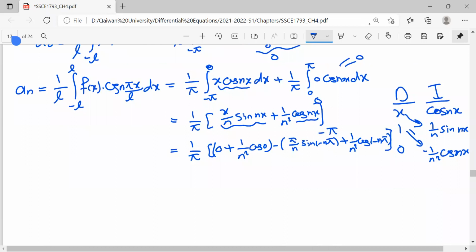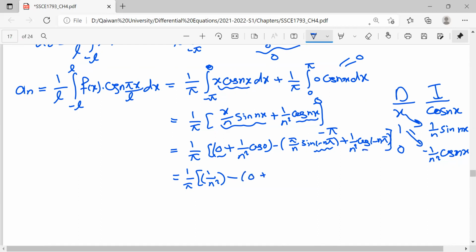And this equals 1 over pi, and 1 over n squared times cosine 0. Cosine 0 is 1, so you get 1 over n squared. Then minus. Here, sine minus n pi is 0, because it is on the horizontal axis. You get 0.